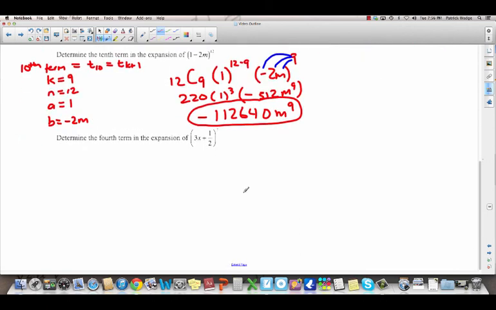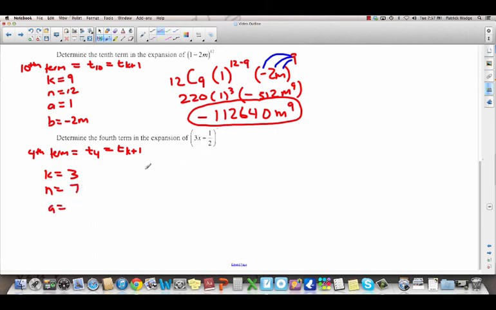Last one, we do the same sort of thing. So remember, what we're looking for is the 4th term here. T4 is what we're looking for, and we equate it to Tk plus 1, which means k is 3. As I said, it'll always be 1 less than the term you're looking for. Our n value is, what is that, 7 up there?